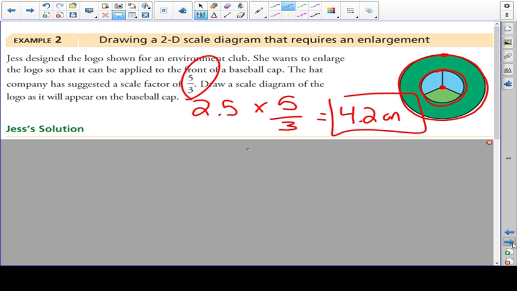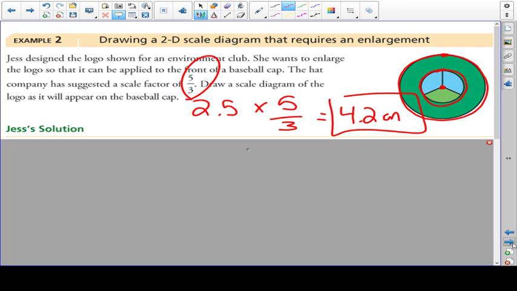Find its diameter, divide it by 2 to find the radius, and then draw it with a compass. And then we can draw on those 3 lines. We wouldn't have to measure those 3 lines because those 3 lines represent the radius of the inner circle.